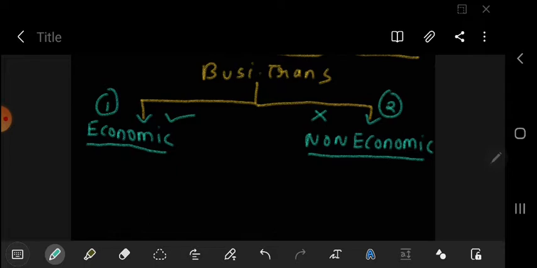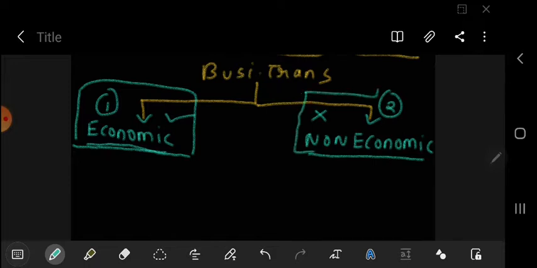So we can say that in economic transactions we will see the exchange of money, and in non-economic transactions we will not see the exchange of money. These are also transactions, but we will not see the medium of exchange as money. I hope I am very clear to you.